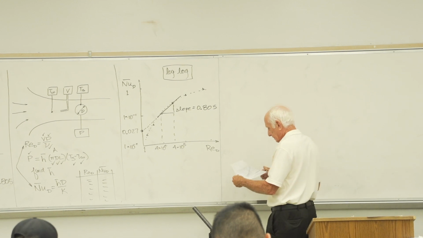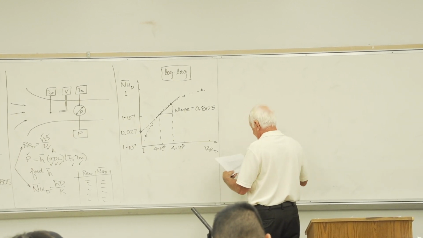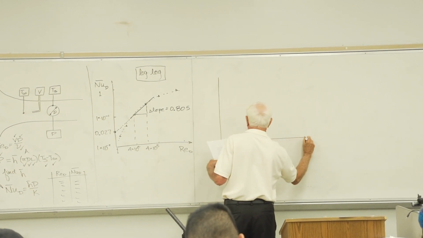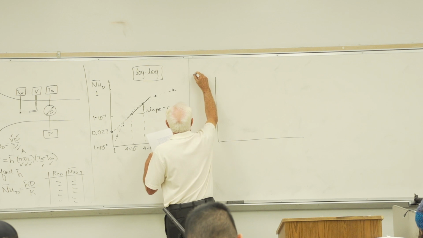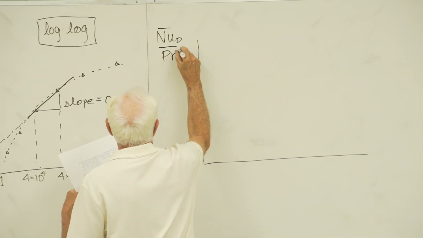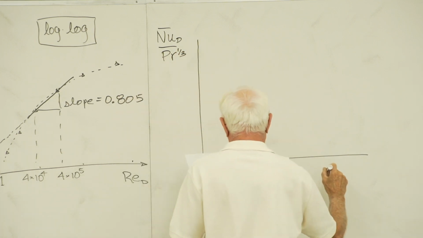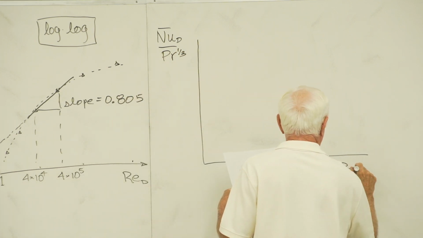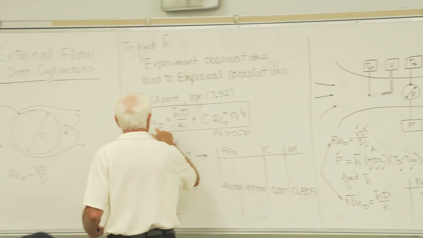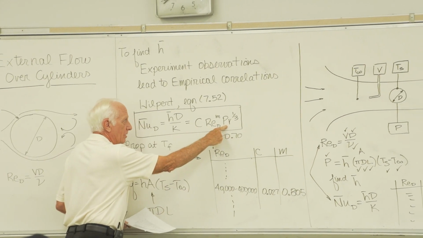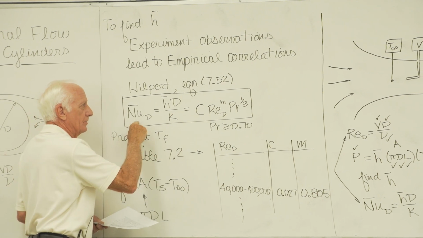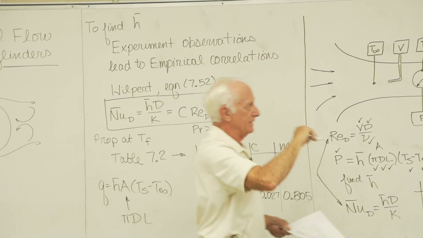Log paper. Here's Nusselt bar D divided by Prandtl to the 1/3. And this is the Reynolds number D. All they did is they said, I'm not going to plot Nusselt versus Reynolds. I'm going to put that Prandtl number on the left-hand side. So it's Nusselt bar D divided by Prandtl to the 1/3. So that's why the y-axis is that.